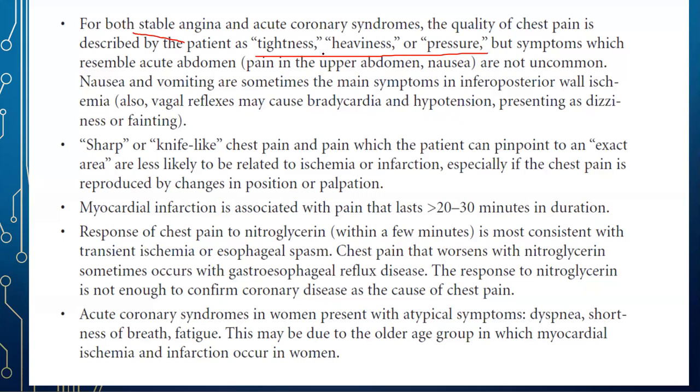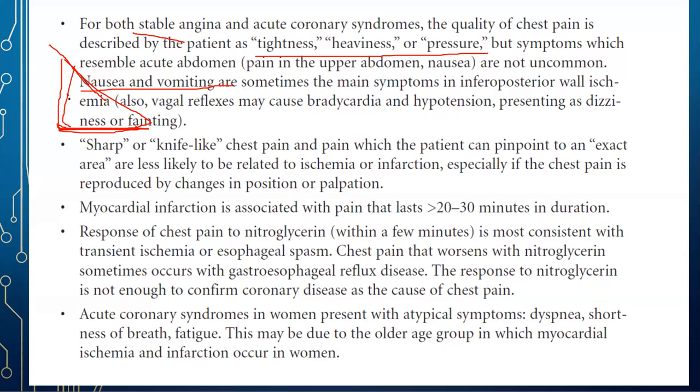And for this angina or AMI patient, usually there will be associated nausea, vomiting, and sometimes they can feel very sweaty or diaphoretic as well. Some patients who have inferior MI, which means that if the myocardial infarction is in the base of the heart, and you know that your heart is supplied by the right and left coronary arteries.